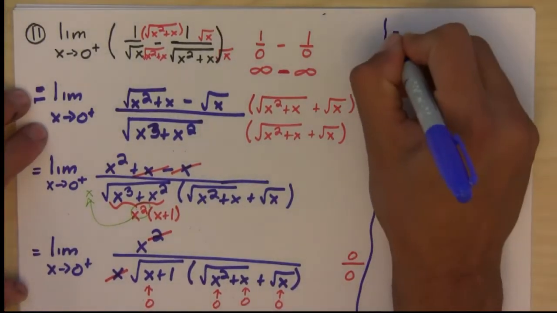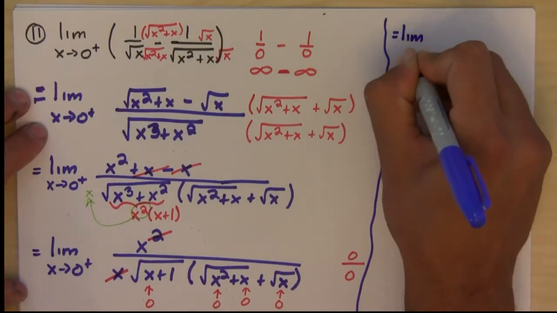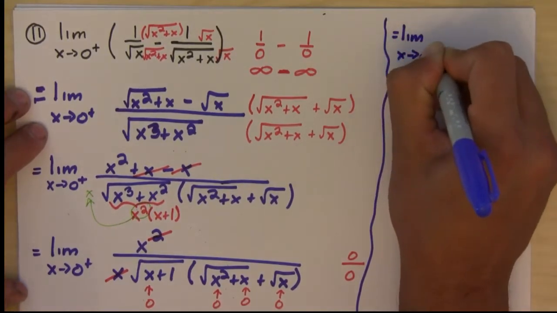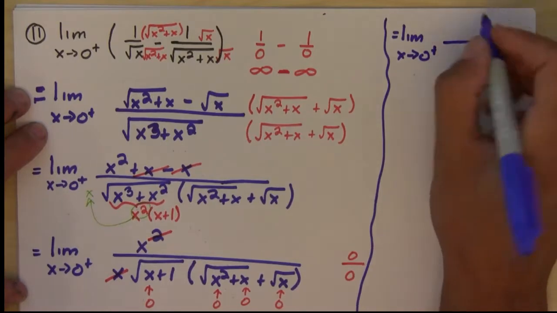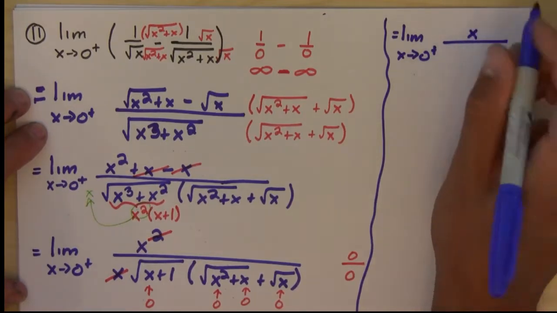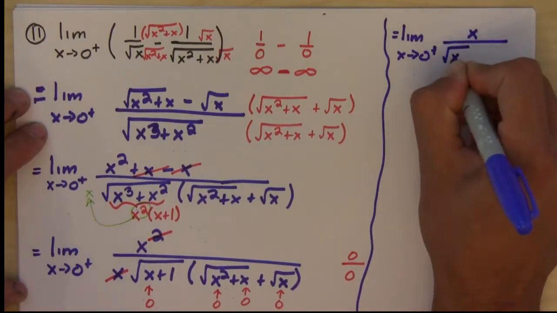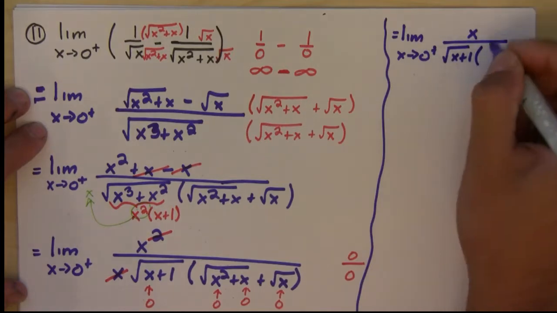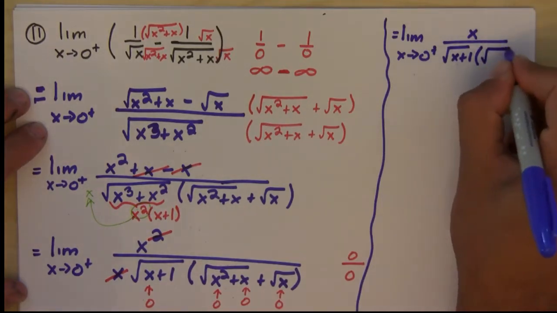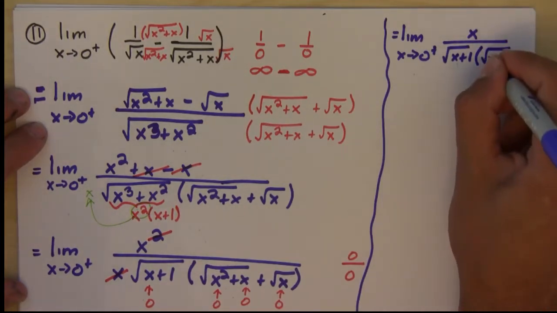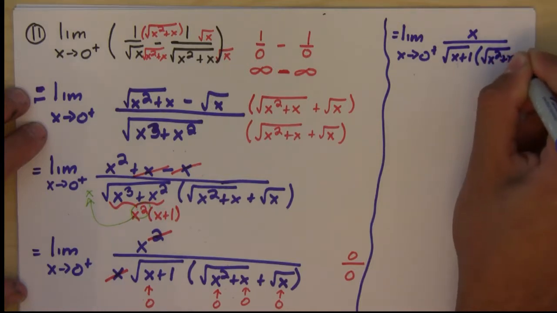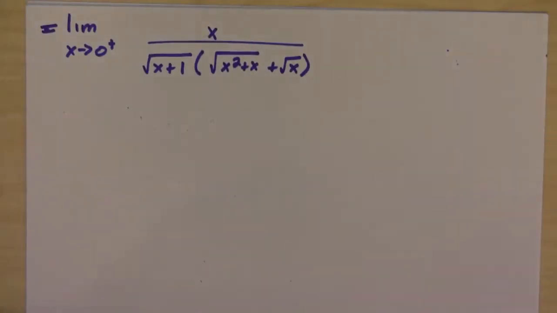Okay, so let's continue. So let's rewrite it. We have the limit as x approaches 0 from the right of x over square root of x plus 1 times square root of x squared plus x plus square root of x.